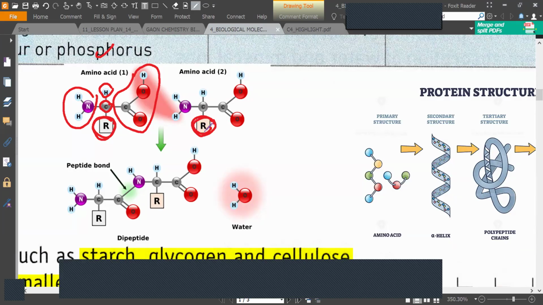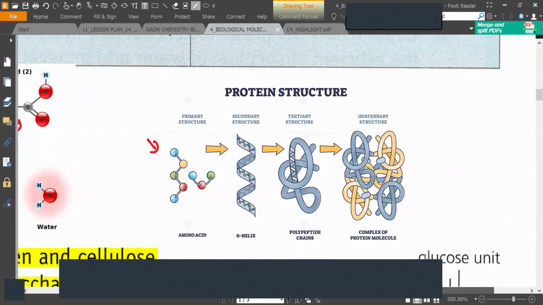And then what happens? These amino acids can join together, so they can form this peptide bond. They join together one by one, and then they can form this protein.